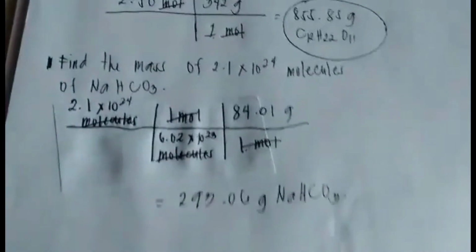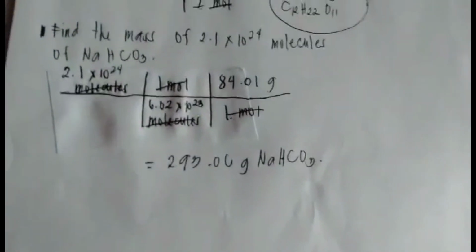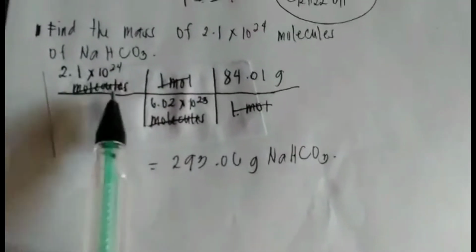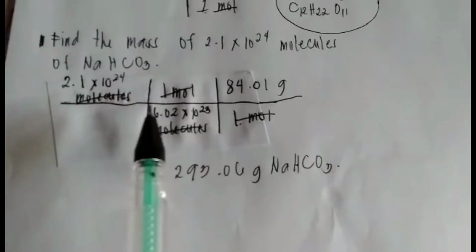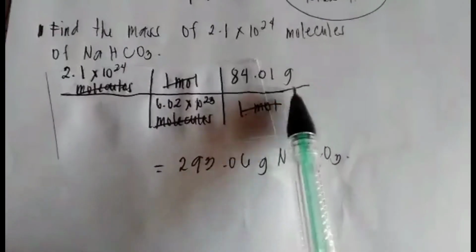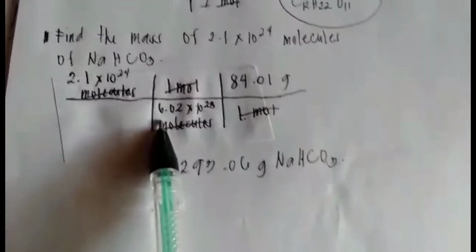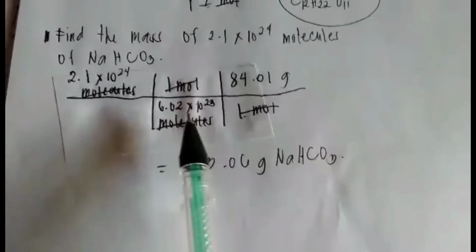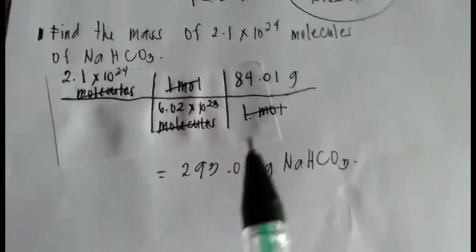So the things that remain are 2.1 times 10 raised to 24, 84.01 grams, and 6.02 times 10 raised to 23.